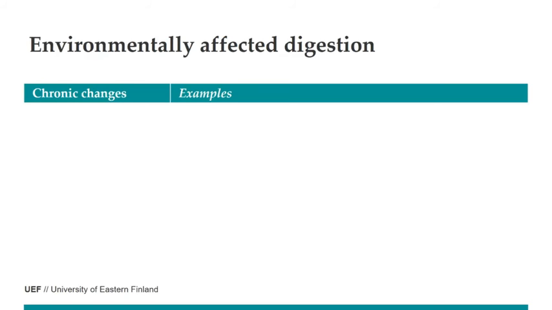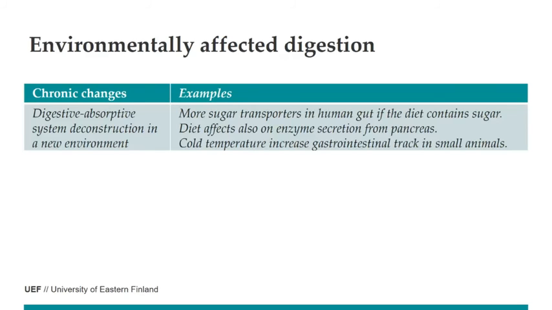And digestion is also affected by environment. We can have chronic changes in our digestion depending on the environment and what kind of food we have. So this digestive absorption system can be deconstructed in a new environment, or it can be modulated.